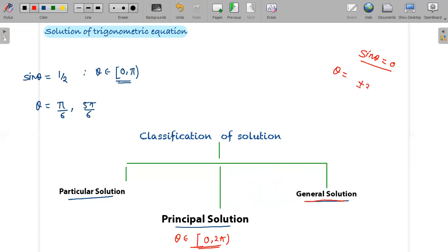I may write down a couple of solutions only, but based on the pattern, I need to get some idea by which I can generalize the solution. Since we are already done with sequences and series, you may take an idea from there. Theta equals n pi will be the general solution of sine theta equals 0. But you need to ensure what your n is. Here, n is an integer. So these are the kinds of solutions which we'll be discussing in detail in the next lecture.